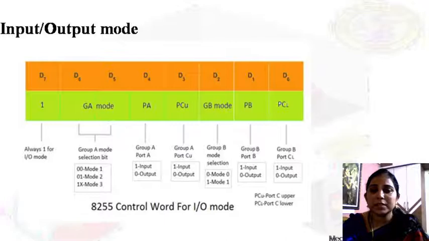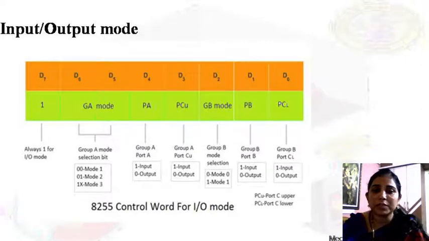D0 bit is related to the lower byte of port C, D1 is about port B, D2 is about group B mode, D3 is port C upper, and D4 is port A. Then the next two bits, D5 and D6, give the information about group A mode.